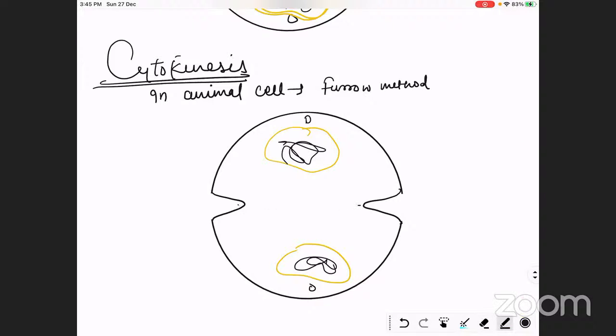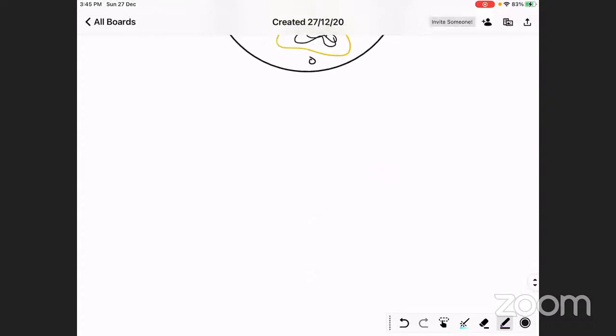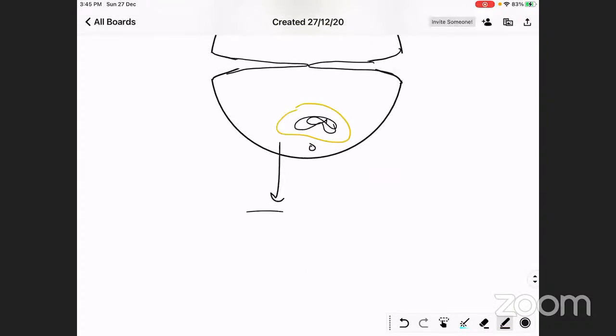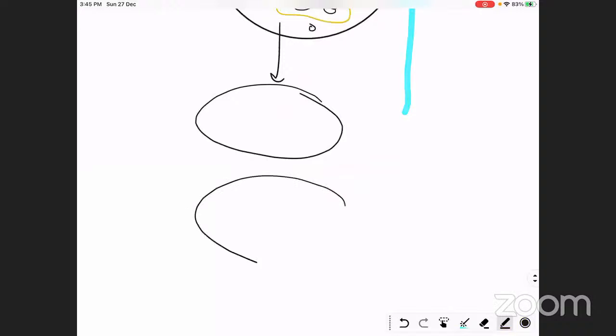So the furrow will meet each other at the center, and ultimately they will divide into two different cells. At the nucleus, chromatin, and we got two cells.